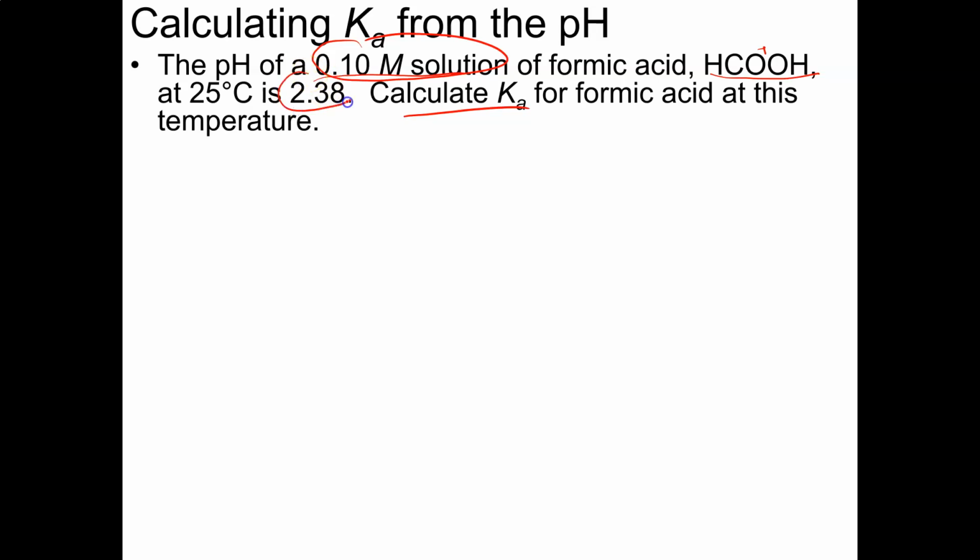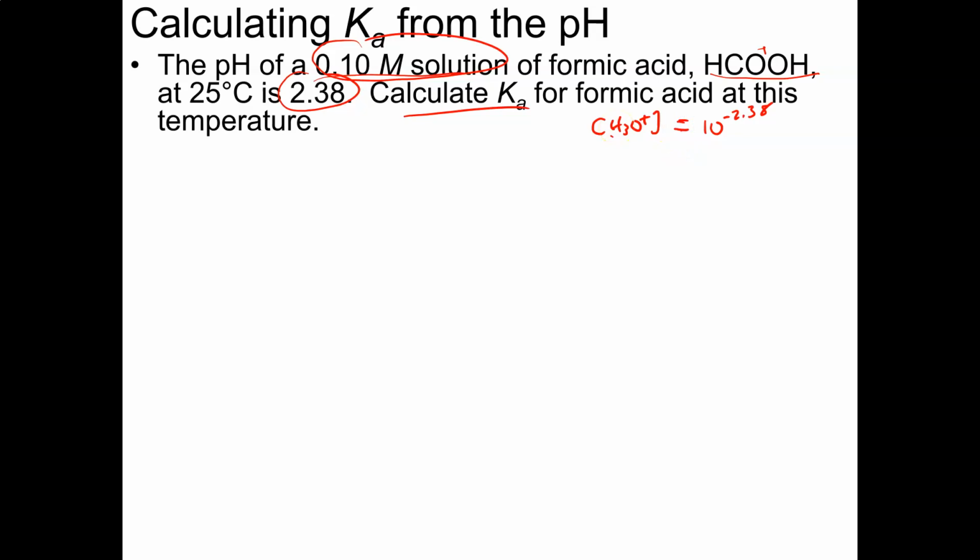Here's how. You have the pH. If you take 10 to the negative 2.38, so 10 to the negative pH value, you'll get your hydronium concentration. So you know how you do negative log of this to get to the pH? You can go the other way too. If I have the pH, I go 10 to the negative of the pH, and it will give me my hydronium concentration.